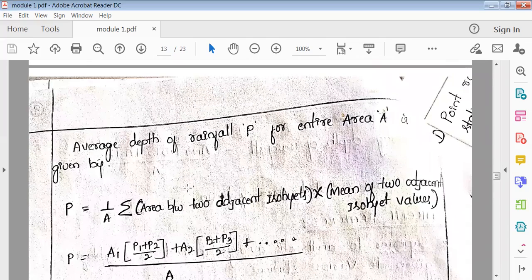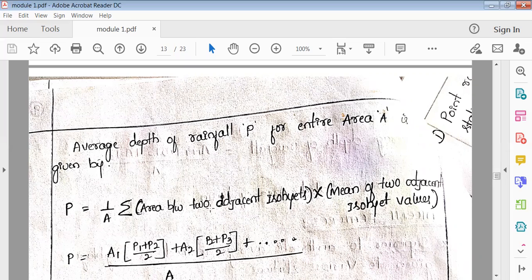So if you want to know the average depth of the rainfall, P, for an entire area A, it is given by P is equal to 1 divided by A, where A is the total area, into the summation of the area between two adjacent isohyets into the mean of the two adjacent isohyet values.